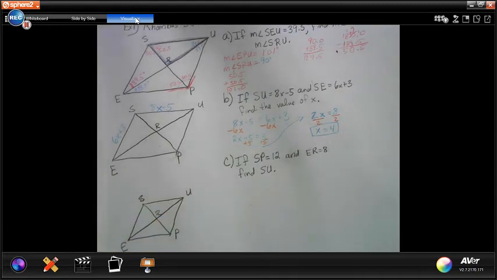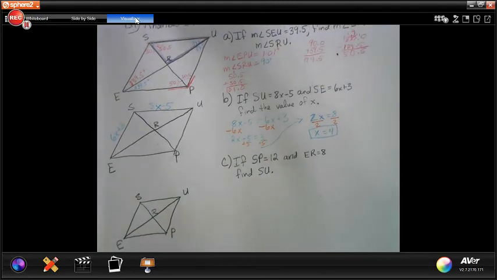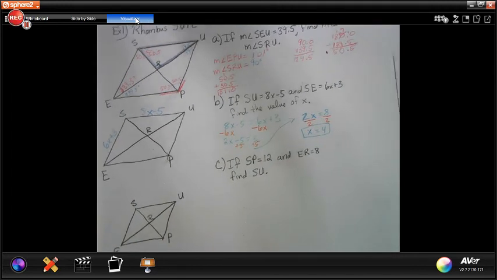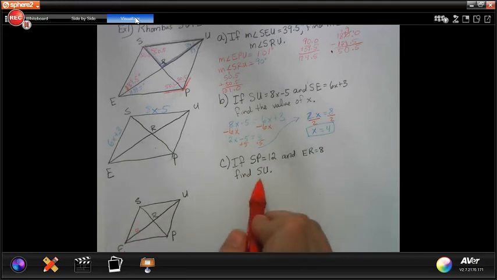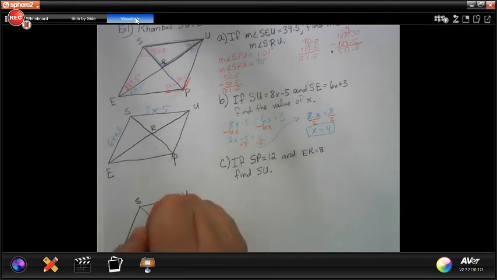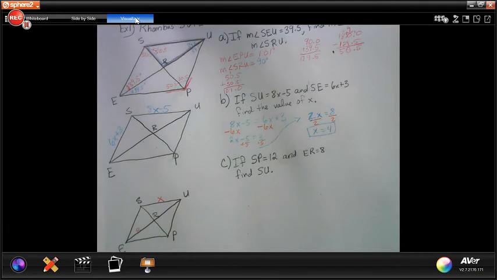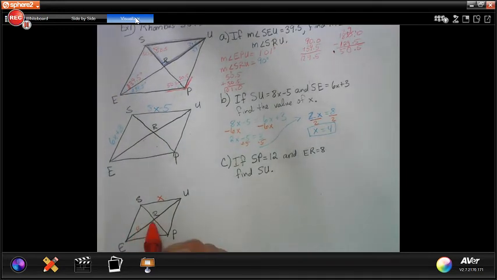Okay. It says SP is 12. Well, I can't quite label that because there's two parts there. ER is 8. This is 8. We need to find SU. So I'm going to put my X there. So we need to find X, SU. I know that this piece is 8.